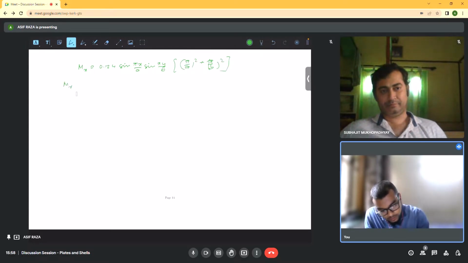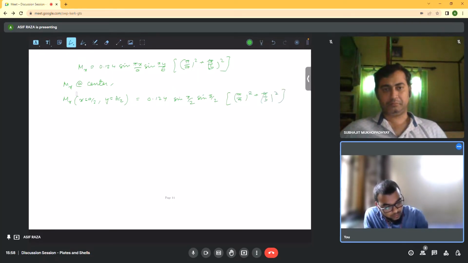So mx value at center equals mx at x equal to a by 2 and y equal to b by 2. This gives 0.124 times sin(pi by 2) sin(pi by 2) times [(pi by a) whole square plus (pi by b) whole square].